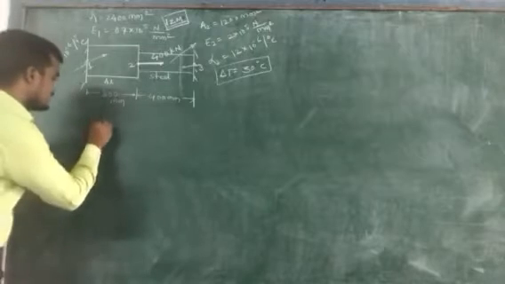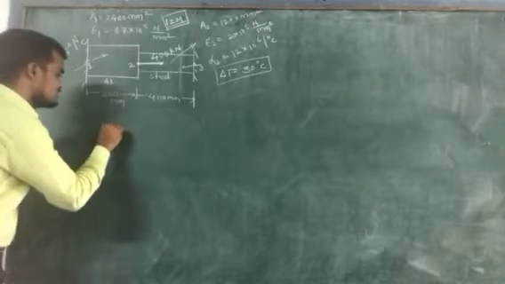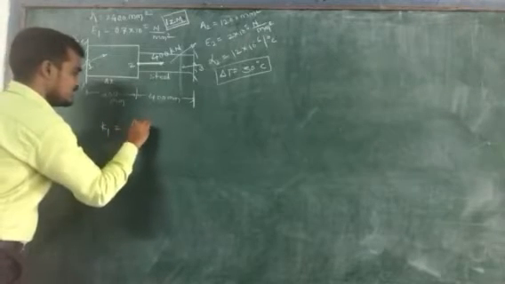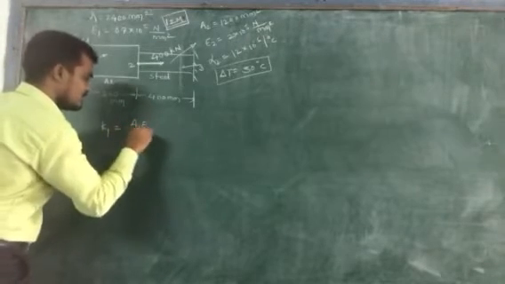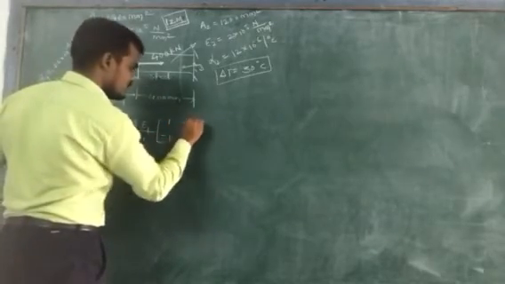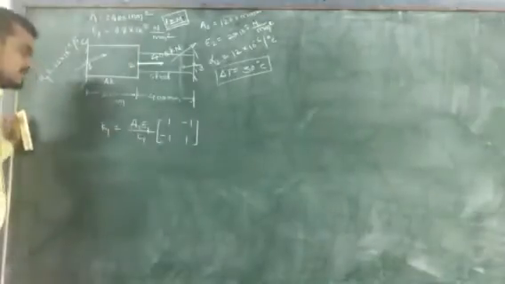So K1, the elemental stiffness matrix, is given by the formula A1 E1 by L1 times the matrix [1 -1; -1 1].